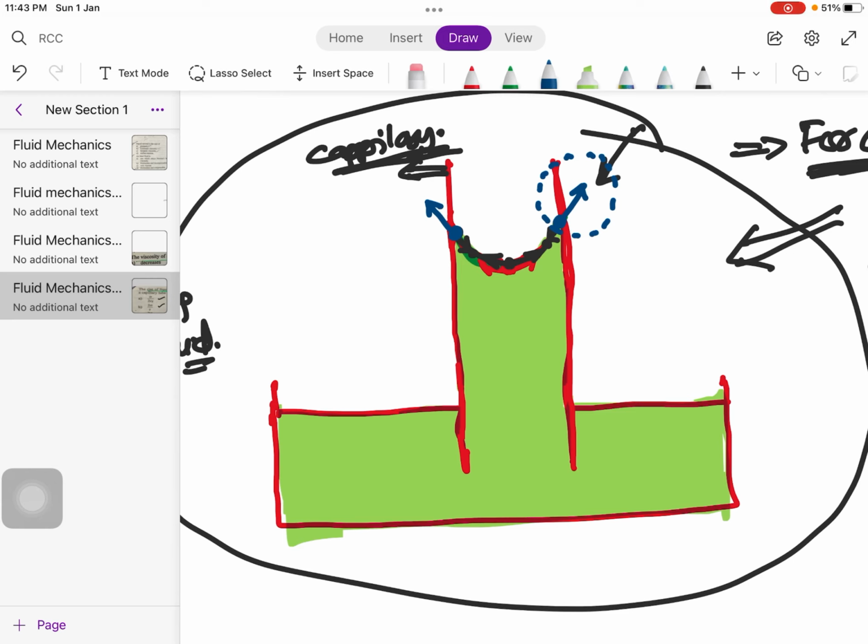This force can be broken down into two components in the horizontal and the vertical direction.